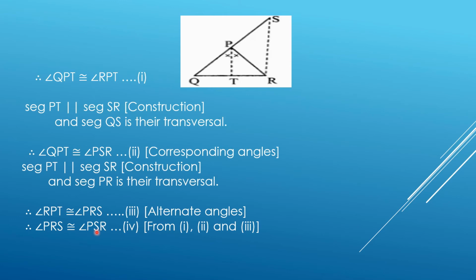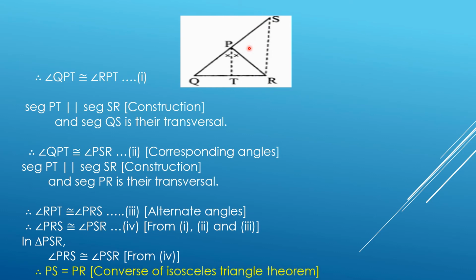That is, in triangle PSR, angle PSR and angle PRS are congruent. Therefore, this triangle is an isosceles triangle. And by the converse of the isosceles triangle theorem, PS is equal to PR. That is, we proved it.